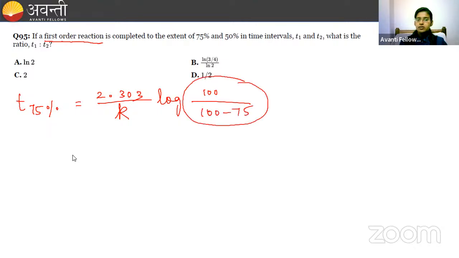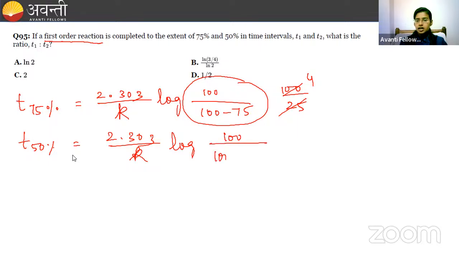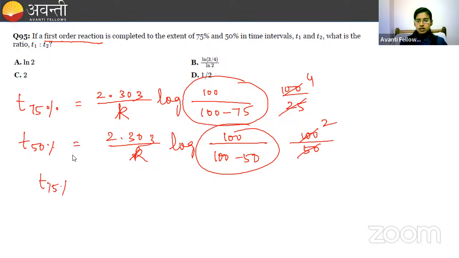Okay, so it will be 100 divided by 25, and the answer will be 4, log 4. Then coming to T of 50%, it is 2.303 by K into log of 100 by 100 minus 50. So the answer will be 100 by 50, which is 2. Now we have the ratio for 75 and 50 as log 4 by log 2.